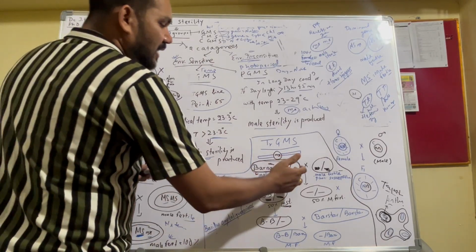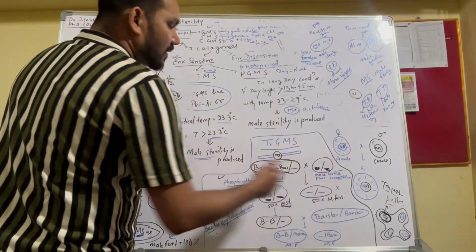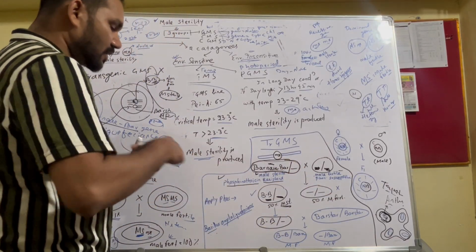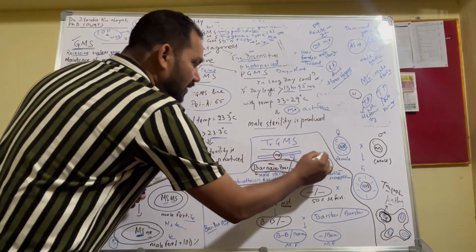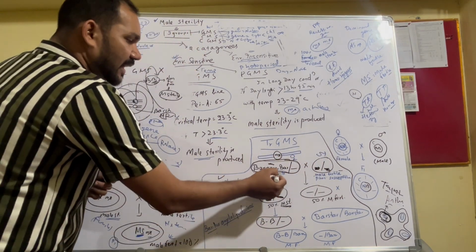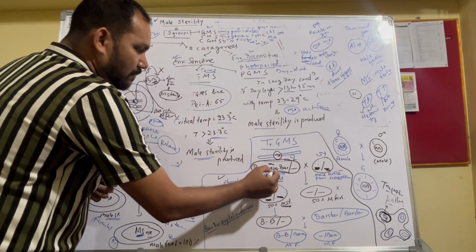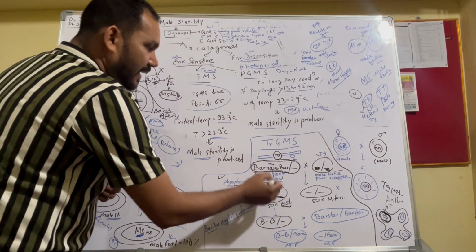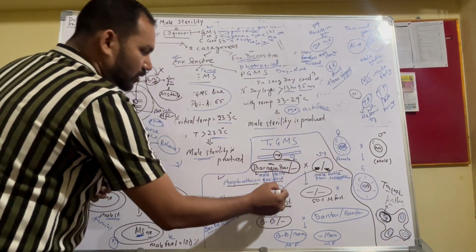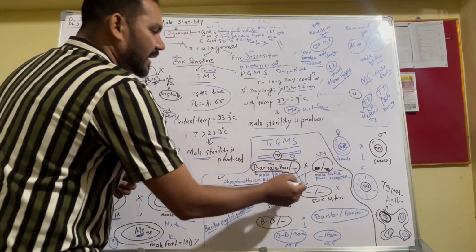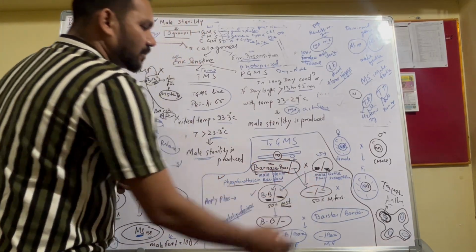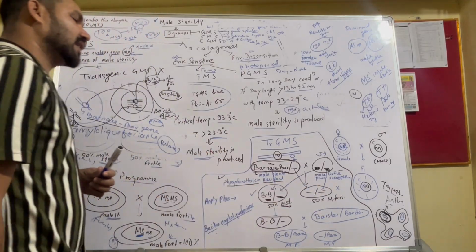The remaining 50% are male fertile. Suppose this is the female parent and this is the male parent. Male sterile means female. So barnase from one parent and normal gene from the other parent gives 50%. Normal gene from one parent and normal gene from the other parent gives 50% male fertile.